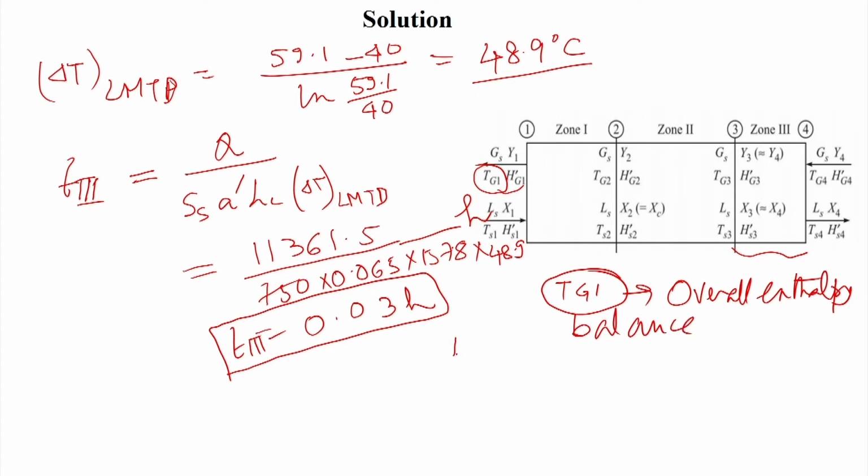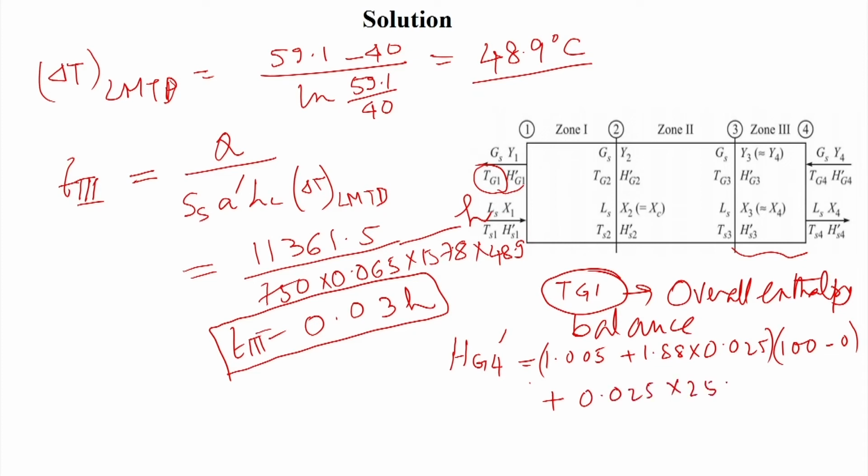Before that, we need to get this one. We have already derived the enthalpy values for gases and for solids. For Hg4 prime, that will be 1.005 plus 1.88 into y prime, that is 0.025, into the temperature difference 100 minus T0, plus y prime 0.025 into 2500.